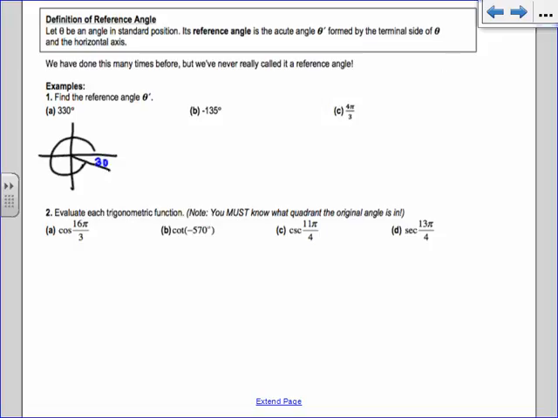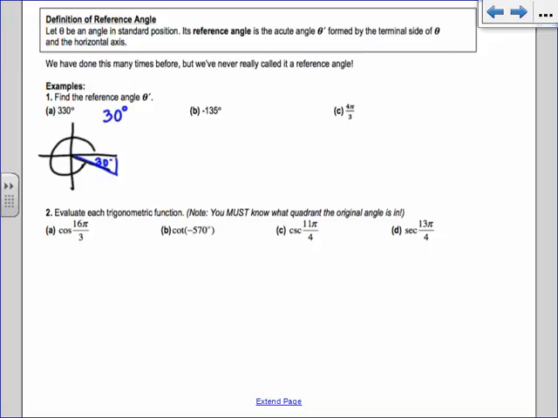So the reference angle is 30 degrees. So you could use a little triangle using 30 degrees. However, you don't want to draw it like this, right? You don't want to use a triangle like 30 degrees and then have the sine as positive and the cosine as positive, because we know at 330 that the sine is negative.